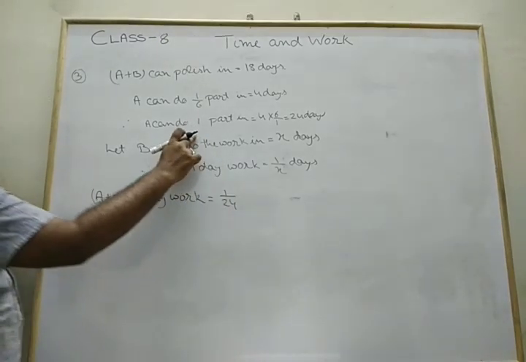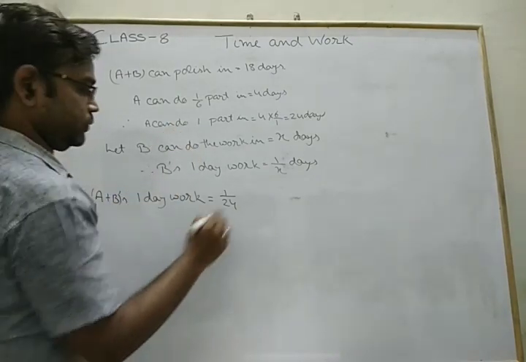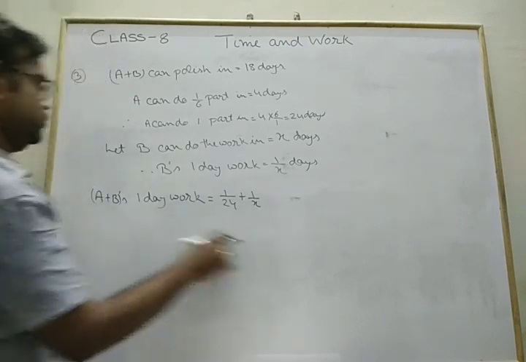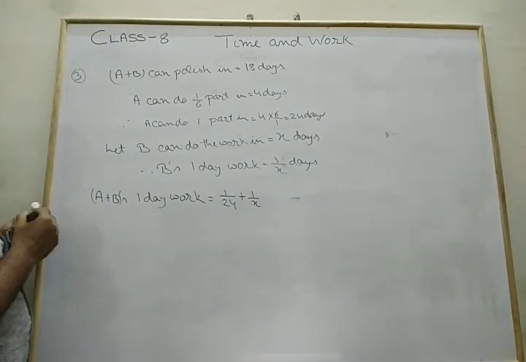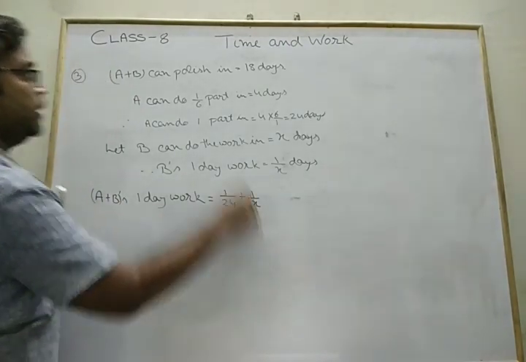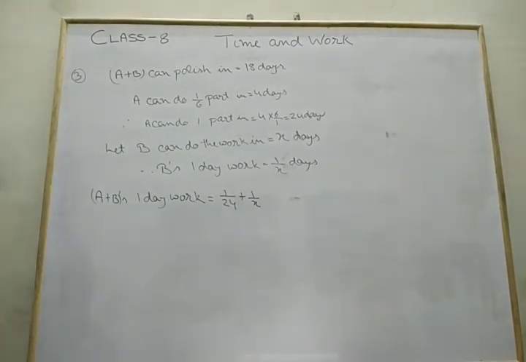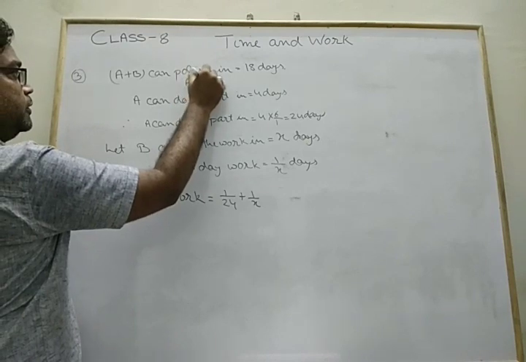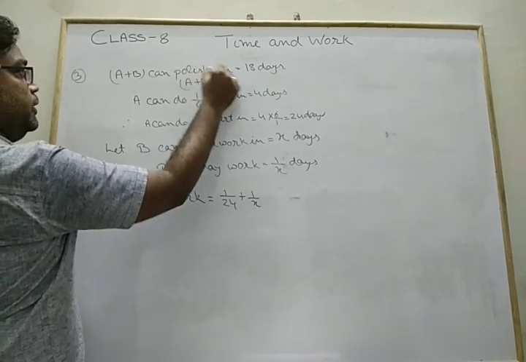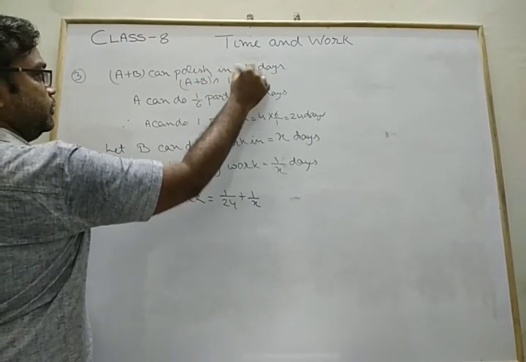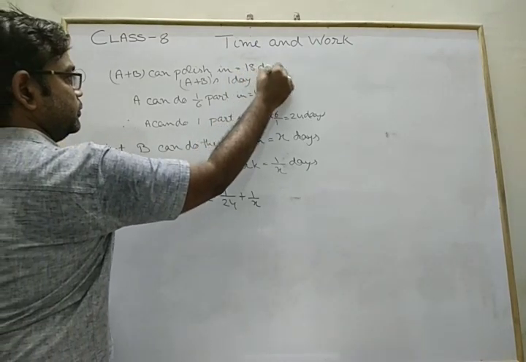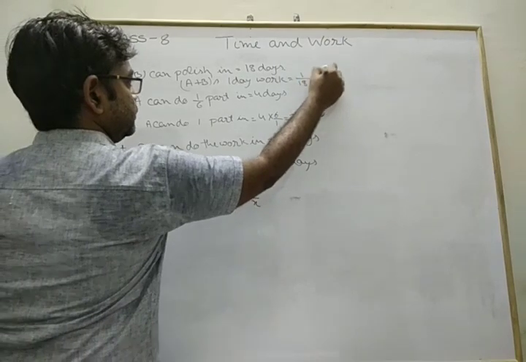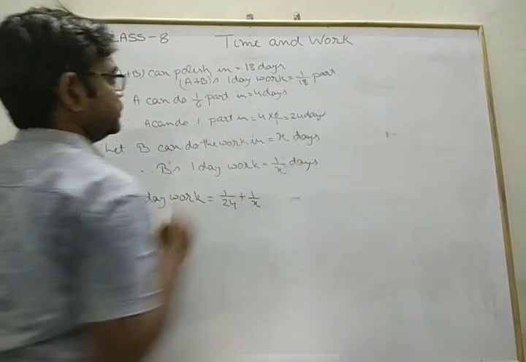From this we can find 1 day work plus 1 upon X. So A plus B's 1 day work we can write down: A plus B's 1 day work equals 1 upon 18 part.